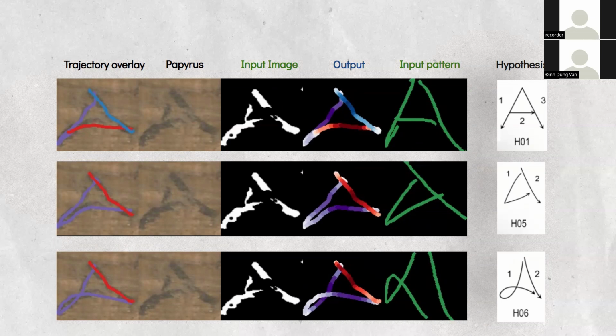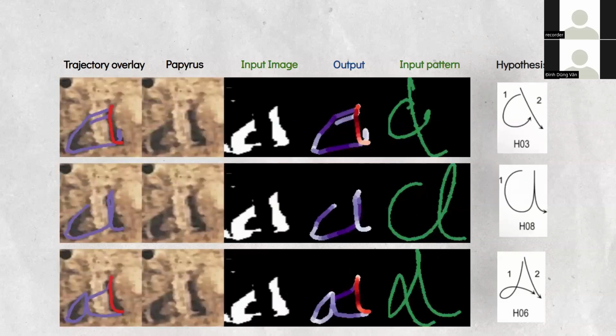But in any case, they can match pretty fine with the pattern. The last one is about degraded characters. Because you are given a very solid hypothesis, it can also overcome the problems of degraded or disconnected strokes, and it will give you an output that still follows the hypothesis.